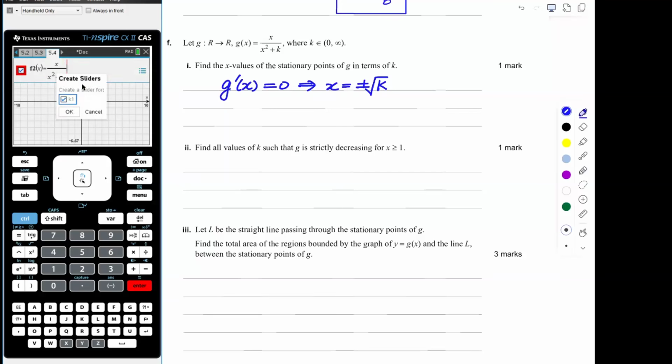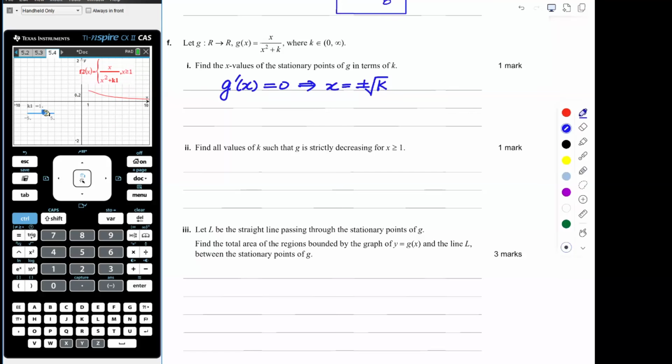I don't need the y values to be too large, so I just change the viewing window. For example, if your k is 1, the graph is decreasing from 1 to infinity. If k is larger, you can see there is a turning point, so that doesn't quite work.